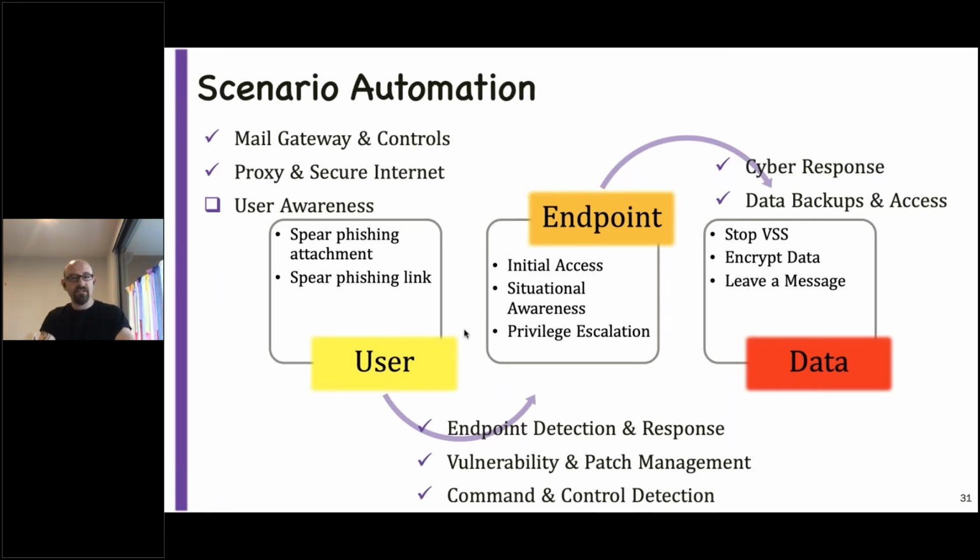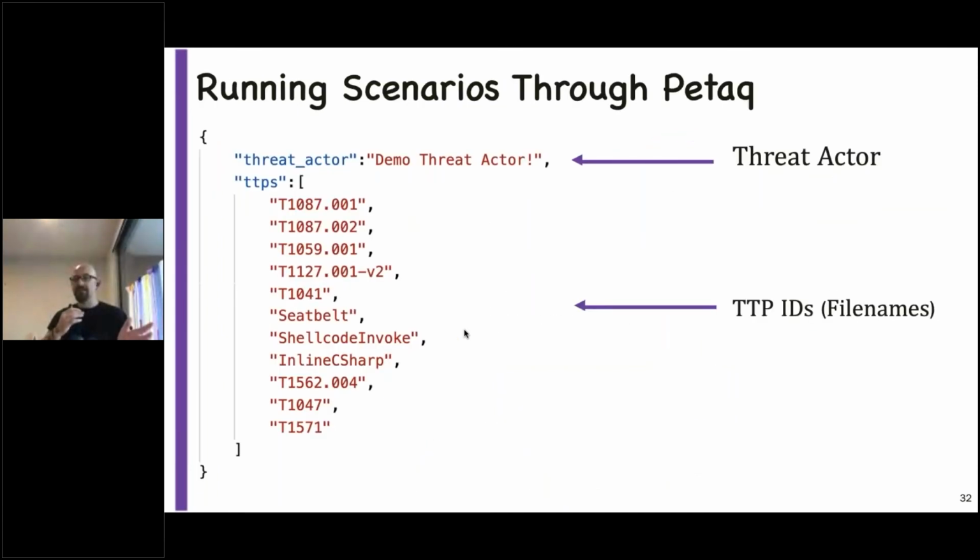What we can do here is build a scenario. For example, this user will receive a certain link, and that link will allow attackers to get this endpoint compromised. And when you compromise this endpoint, you can perform certain actions. That is the scenario. And in that scenario, you can also implement different TTPs.